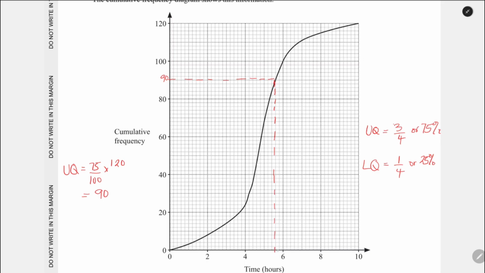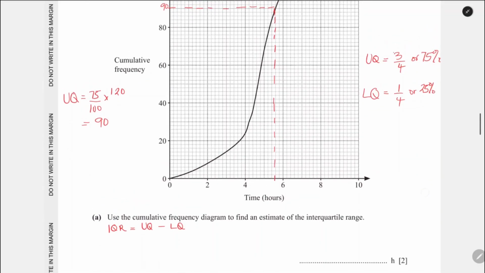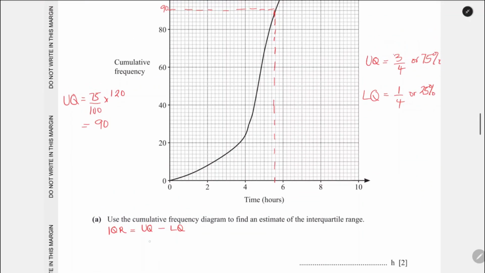It hits it right here. Yes. So again on your x-axis, you have 4 and you have 6 here, meaning halfway through will be 5. And between 5 and 6, there are 5 little boxes. Therefore, each little box is going to be 0.2. So this is 5, 5.2, 5.4, and 5.6. Therefore, your upper quartile is 5.6.